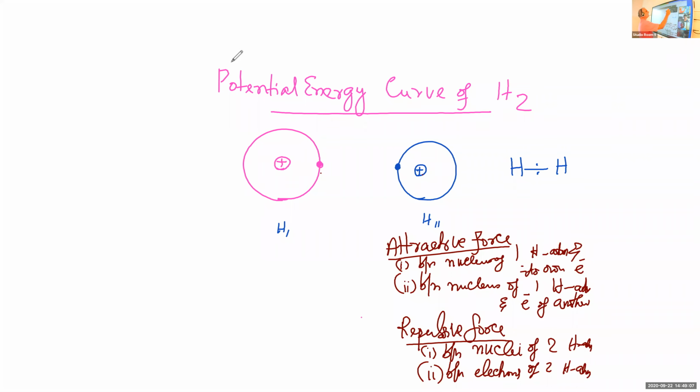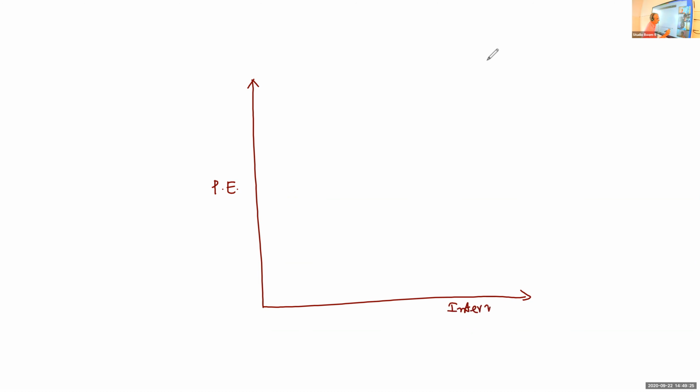So if we draw the potential energy curve, see, it is like this. Here you can plot potential energy, and here there is the internuclear distance, the distance between the two nuclei.